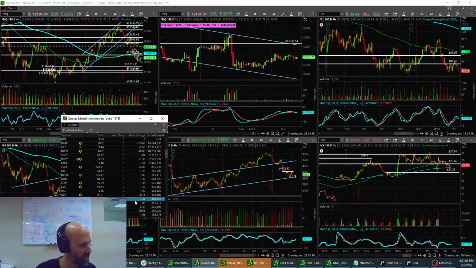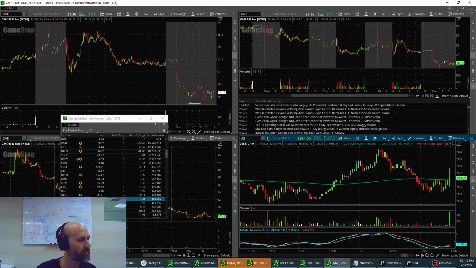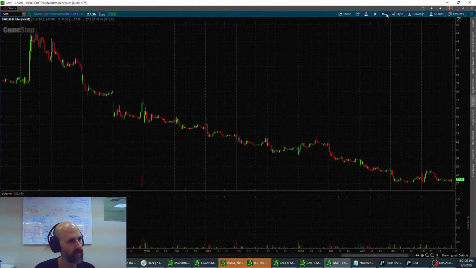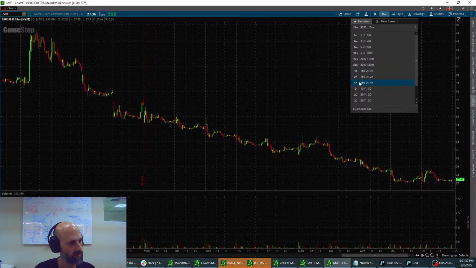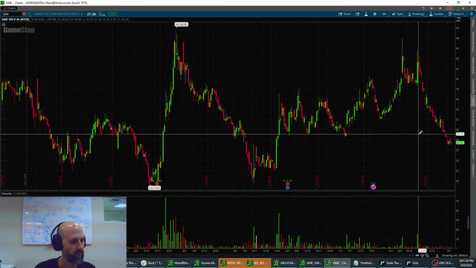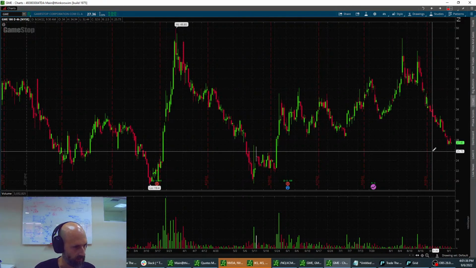We can look at GameStop, for example. GameStop is running like a buck 21 to the downside, almost 300,000 shares. So it might be interesting to look for that stock as well. Let's pull up the chart. So right now trading at around 26.